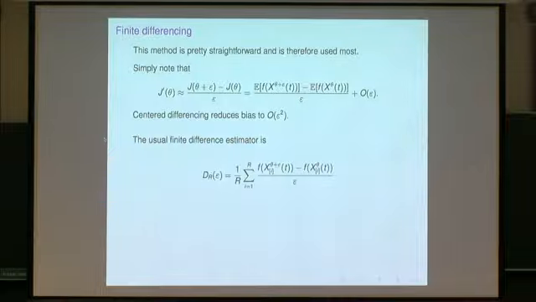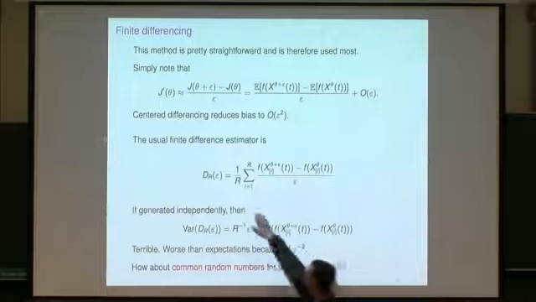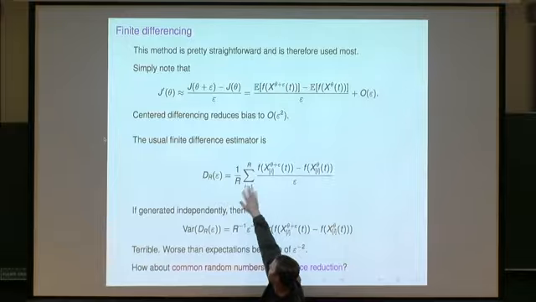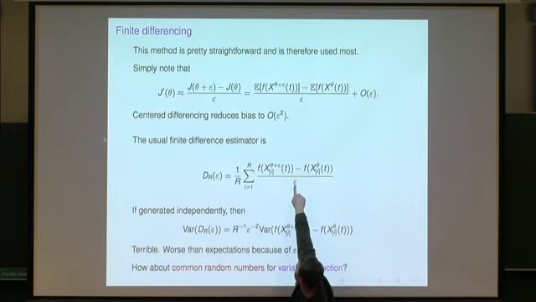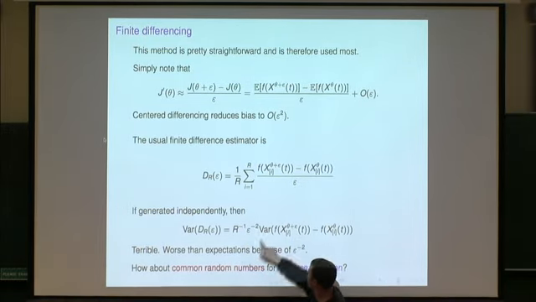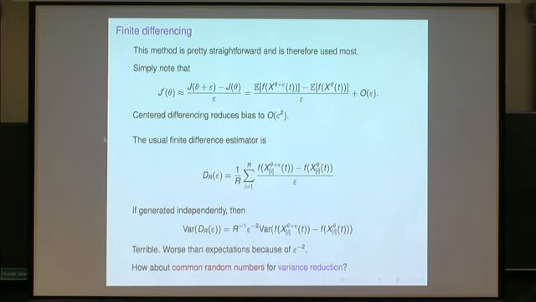So there's your finite difference estimator, and you can just do the computation. The variance of your estimator is, I have r paths now, so I still get a 1 over r. I still get the epsilon to the -2 from the perturbation. And then I still have the variance of the random variable in the numerator. When you look at this, this is pretty bad.